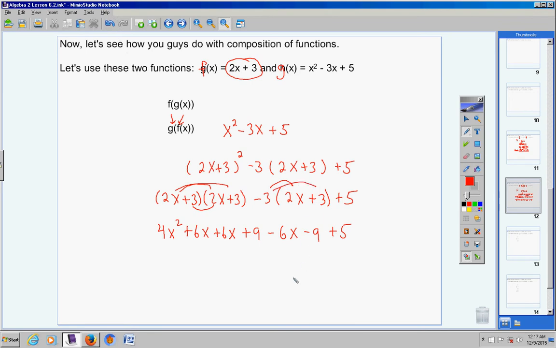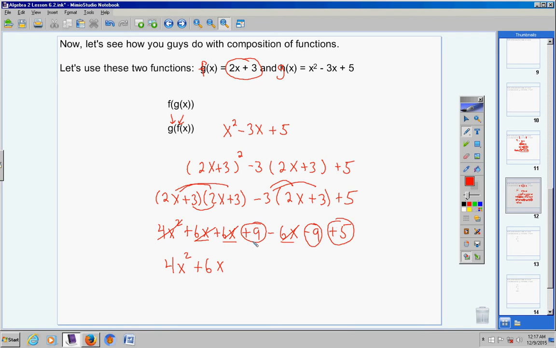Now, let's look for like terms. I only see one x squared term. So I'm done with that. Here's an x term, an x term, and an x term. 6 plus 6 is 12, minus 6 is 6. So we're done with our x terms. There's 3 constant terms, positive 9, negative 9, positive 5.